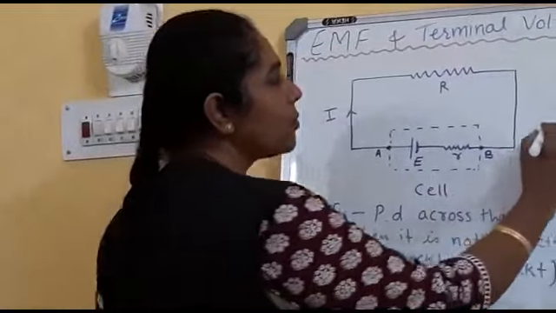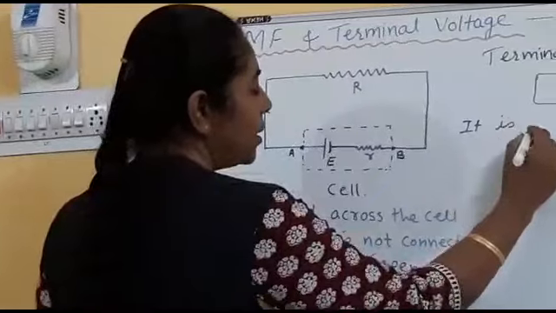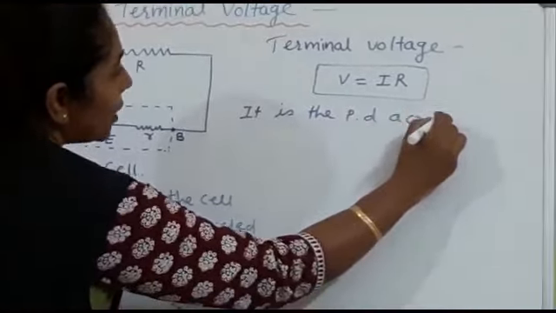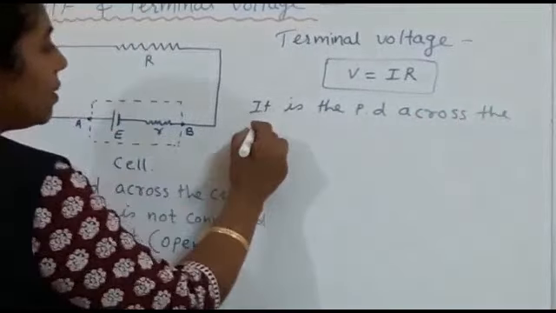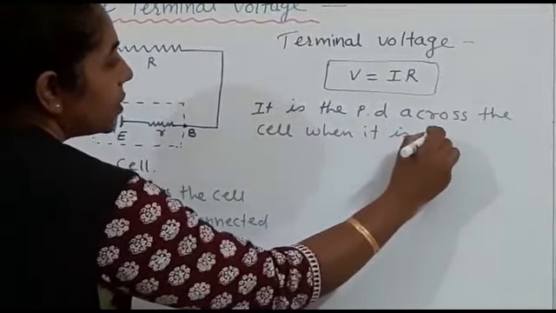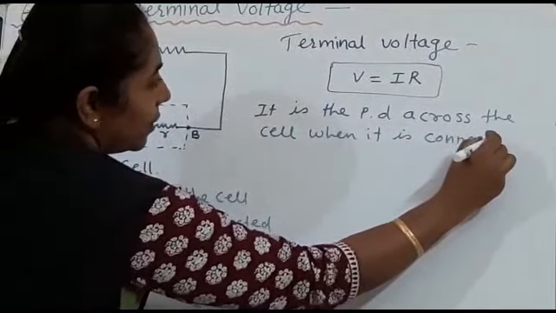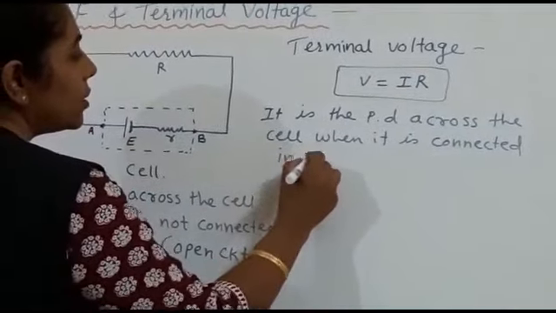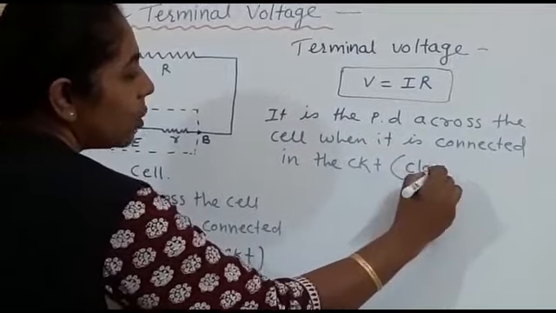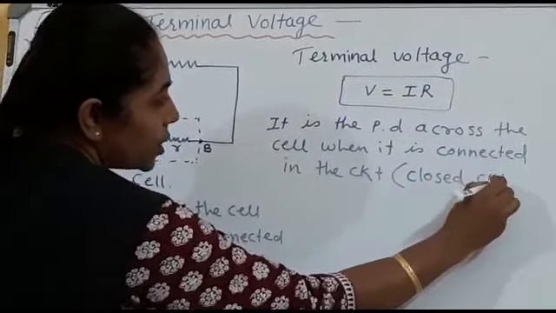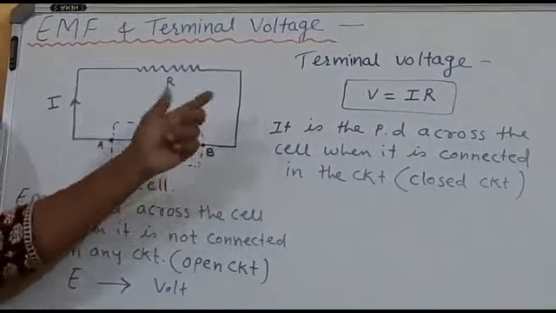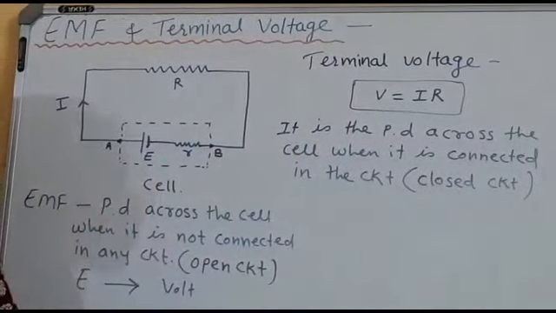Terminal voltage: it is the potential difference across the cell when it is connected in the circuit. That is called a closed circuit. So when the cell is in a closed circuit, the potential difference across the terminals is known as terminal voltage.